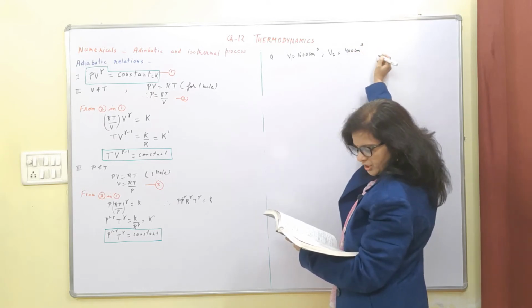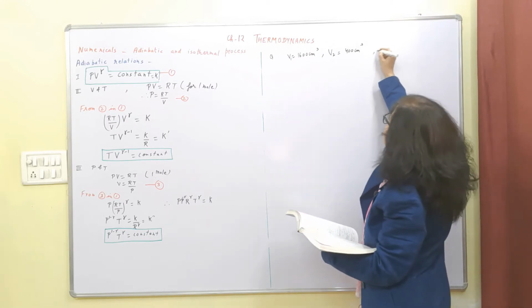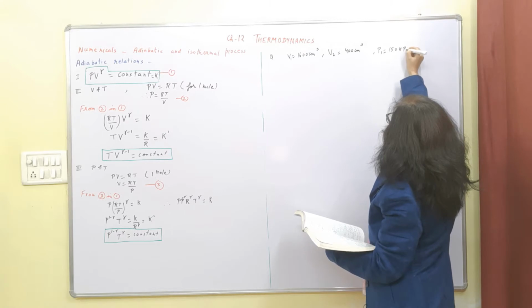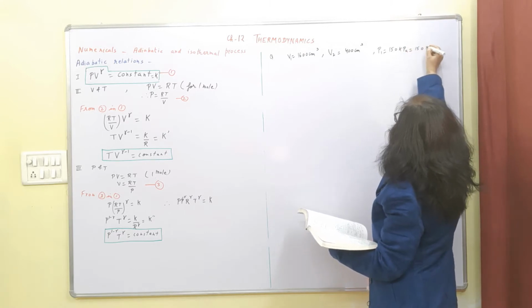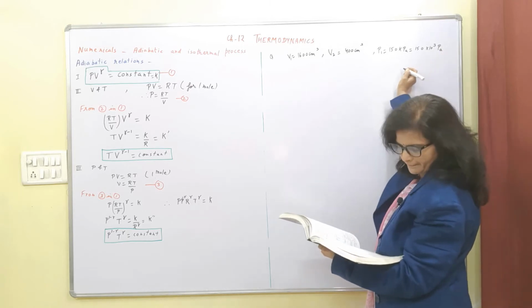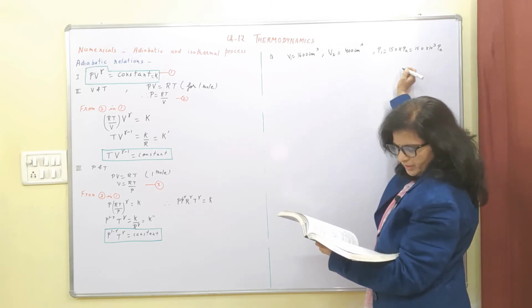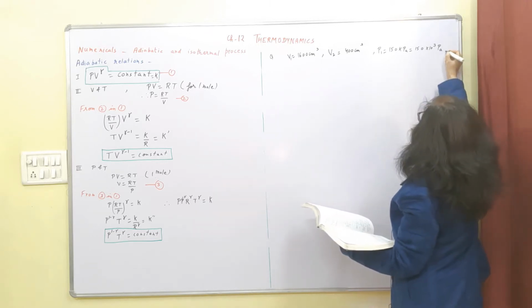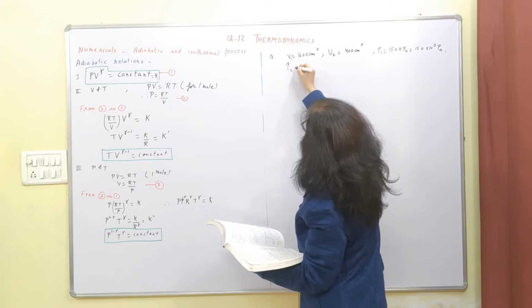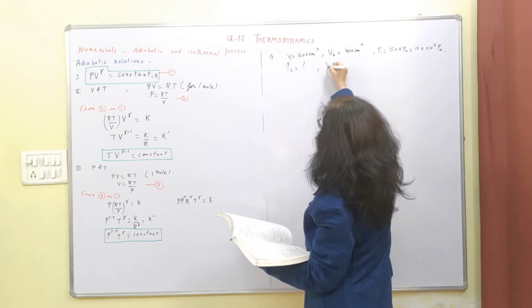If the initial pressure is 150 kilopascal, that means P1 is 150 kilopascal, that means 150 into 10 to the power 3 pascals. What is the final pressure and how much work is done on the gas by the process? And you have to find the work also.